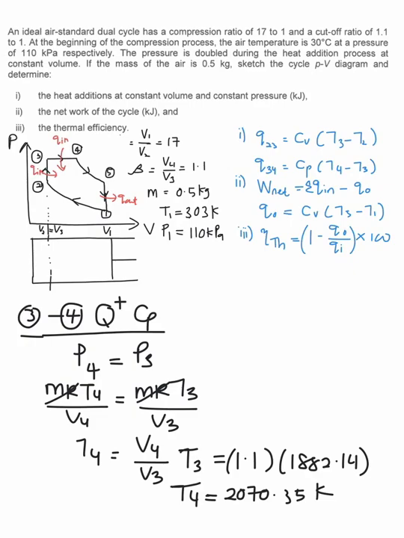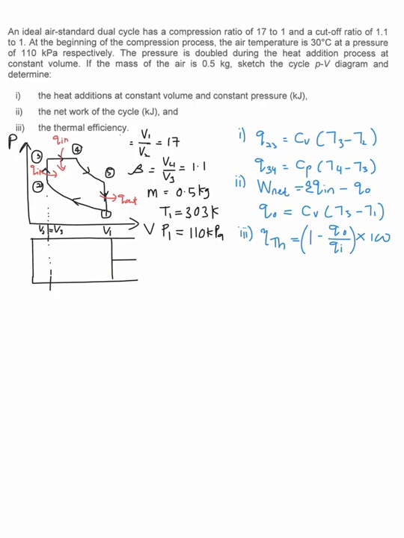So we are left with T4 equal to V4 over V3 times your temperature at 3. V4 over V3 is actually your cut-off ratio. So you substitute the value into here. We already found T3 previously, so you just multiply these two and you get T4 equal to 2070.35 Kelvin.